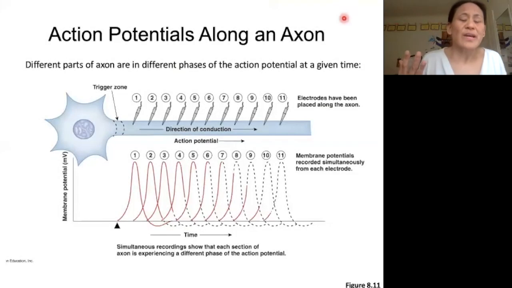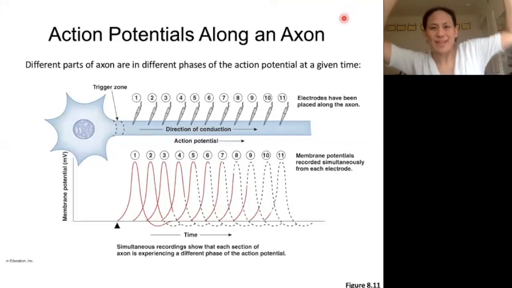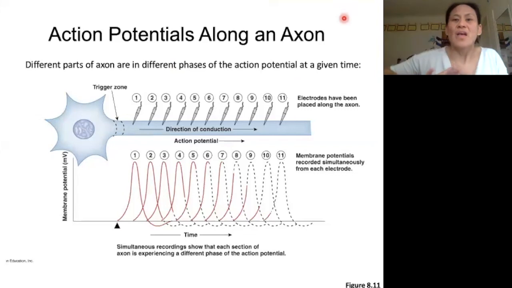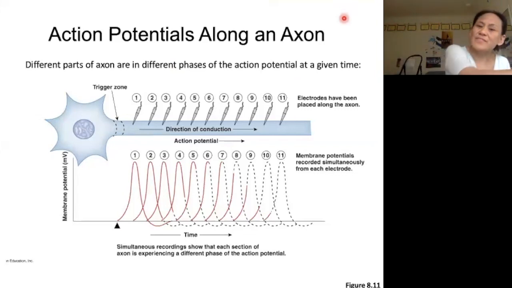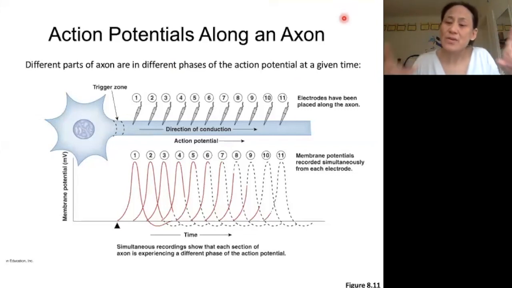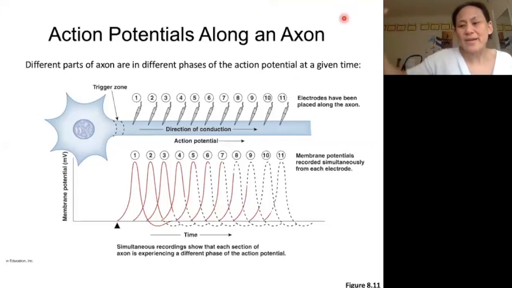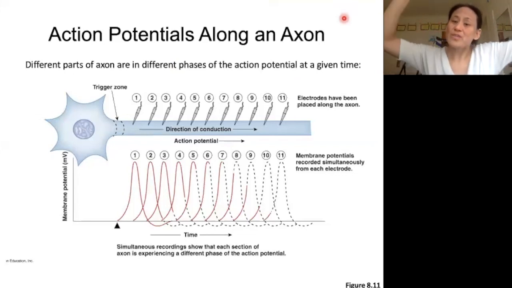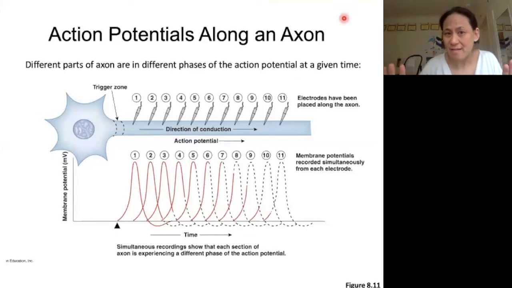Okay. So you can kind of compare this to like a wave at a baseball stadium. So imagine you have a wave, where people stand up and sit down, right? So if you have a wave starting on the right end of the stadium and then moving to the left end of the stadium, let's say you take a picture of the whole stadium when the people on the right side have already stood up and are just starting to sit down.